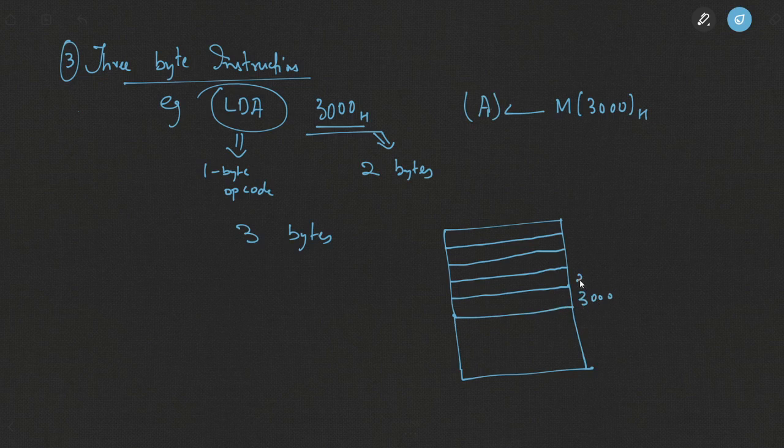Before 3000 there would be something like 2FFF, 2FFE, 2FFD, 2FFC. Fine. These are hexadecimal numbers, all of them, and you understand the hexadecimal format. These are the addresses to the memory locations. Now say for example, I am loading this instruction LDA here.